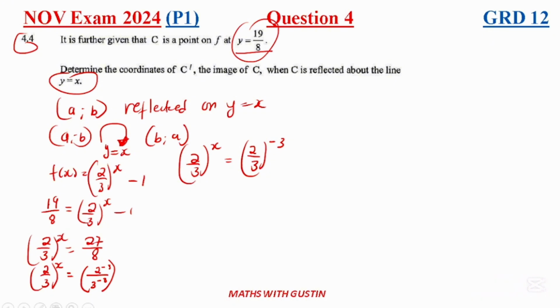This is just an exponent rule, guys. You can rewrite it in terms of that. The bases are the same, therefore the exponents will be equal, which gives us x equals -3.